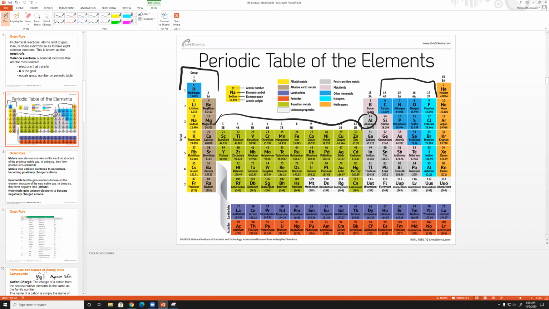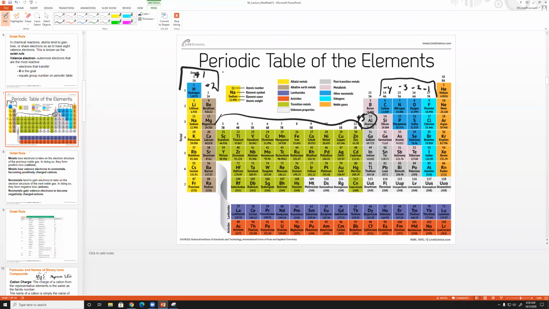For group 1A and 2A and aluminum and all the ones on the right and the nonmetals, we know these charges because they have a fixed number of valence electrons. This is +1, this is +2, this one's +3, this one is -1, -2, -3, and sometimes -4, but carbide doesn't come around that often, mostly these 3. So we know these charges.